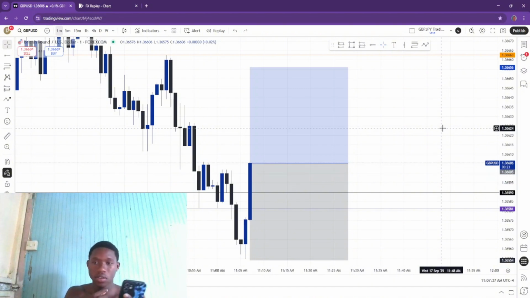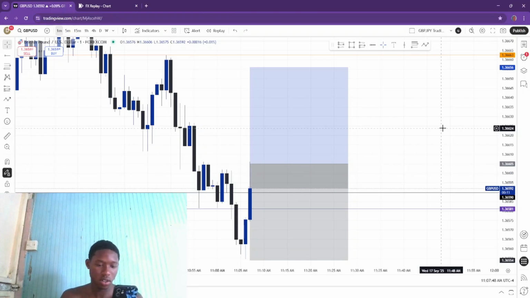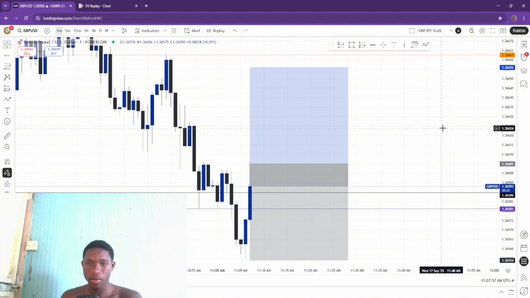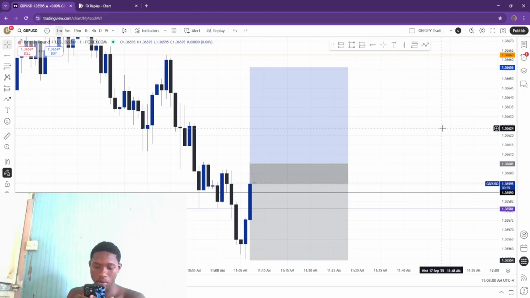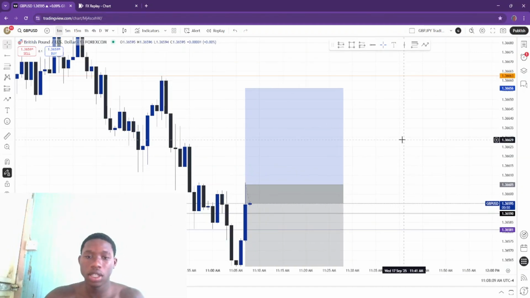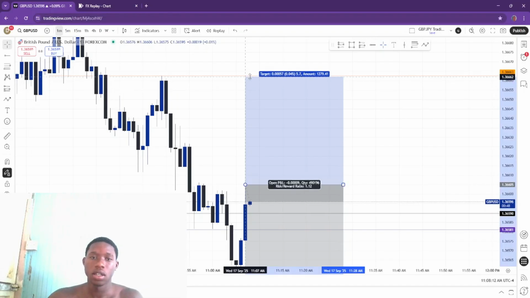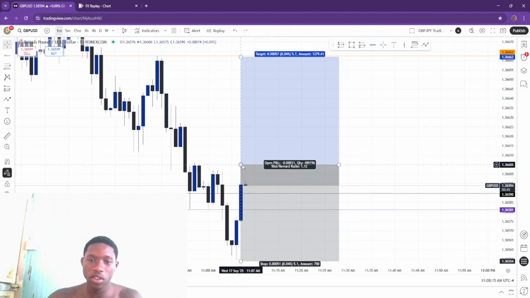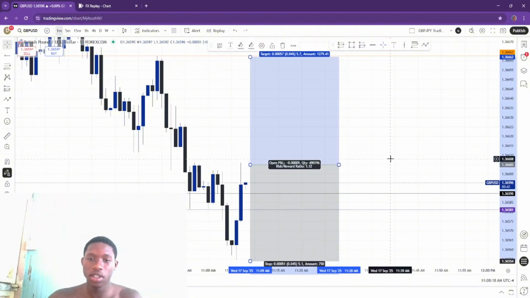Okay. All right. So longs. Enter that on a 1 to 1.